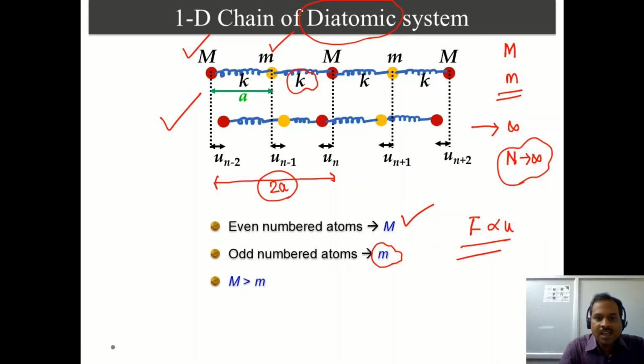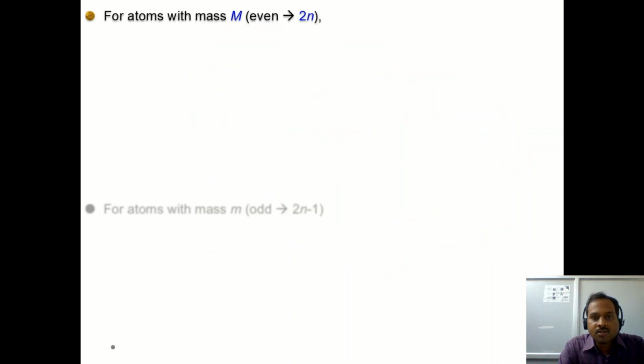First, as I mentioned, the even numbered atoms are designated as the heavier mass. So we can take the atoms designated with the even index 2n, where n is an integer, so 2n will always be an even number, and the associated atom has the heavier mass capital M. This capital M mass has two neighbors, and both neighbors have the smaller mass m.